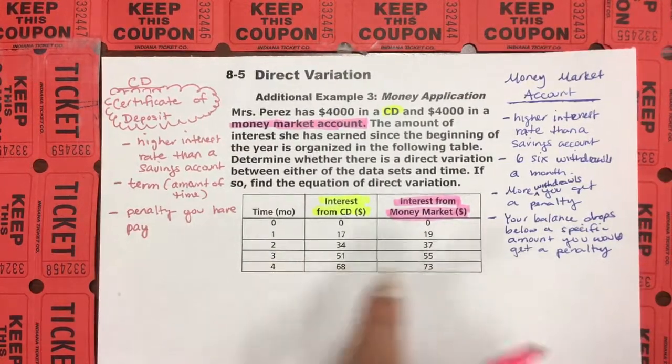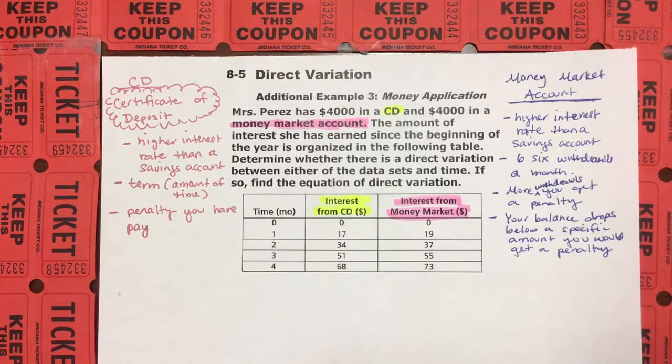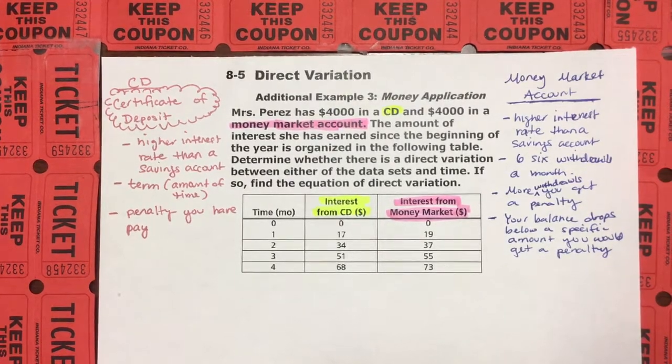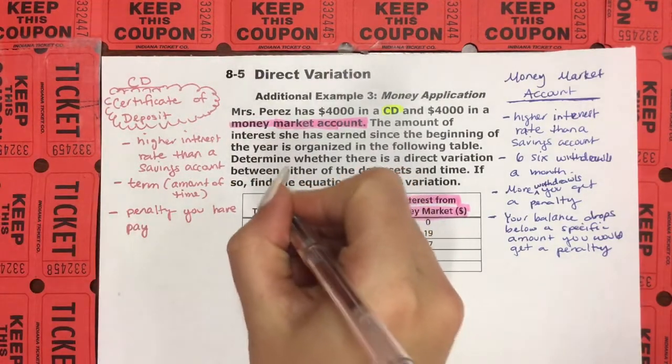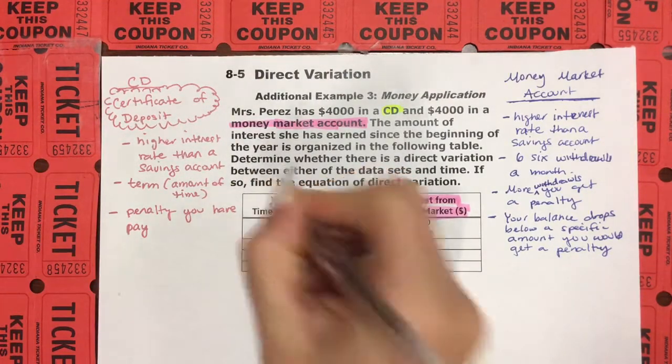But notice that there's two different tables here. When we look at this here, we are going to have the time. That is going to be our X, okay?